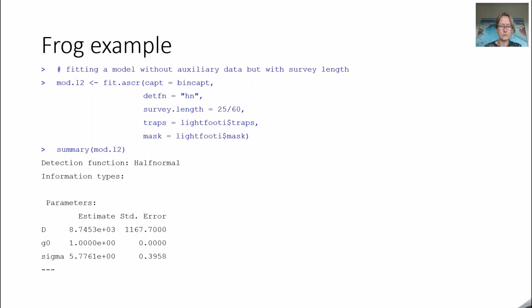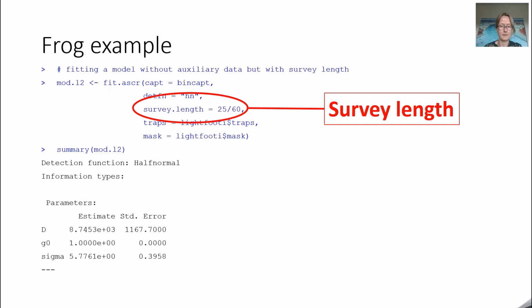So we can convert the call density estimate into number of calls per hectare per minute by specifying the survey length in minutes. We do this with the argument of the fit.ascr function called survey.length. In order to get a density estimate per minute, we need to specify the survey length in minutes. 25 seconds expressed as a fraction of a minute, or simply 25 divided by 60.